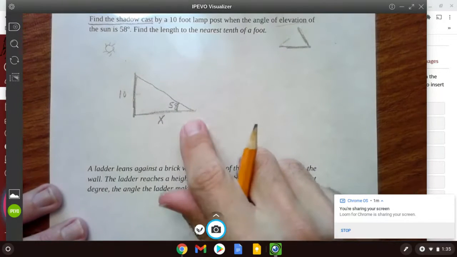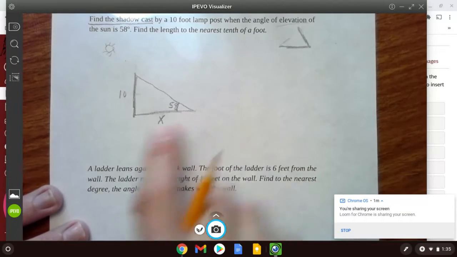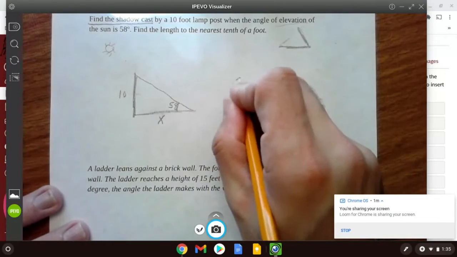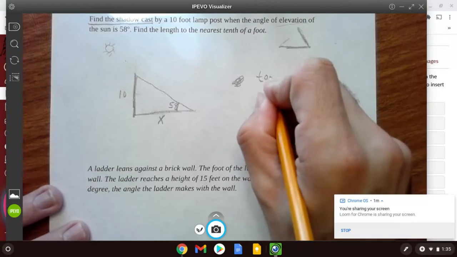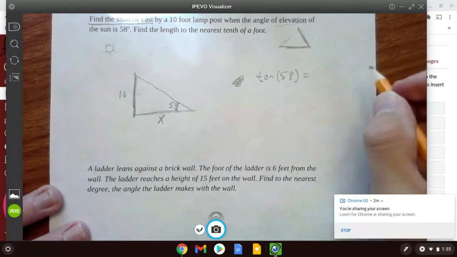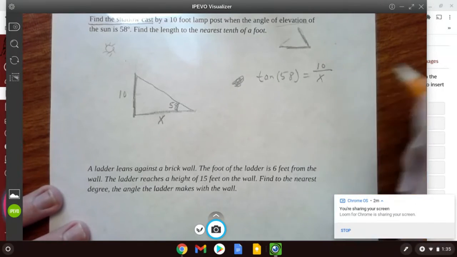Once you have the triangle drawn, it's not too bad of a solve. We've got the opposite and the adjacent sides here. So that's going to be tangent of 58 degrees equals 10 over x in this case.